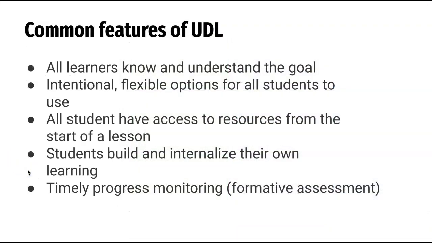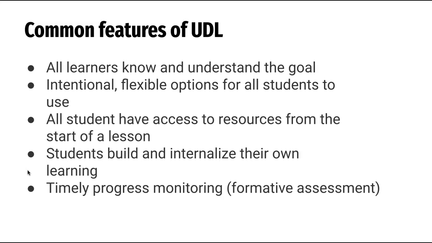So as we look at UDL guidelines, there are some common features that come out. All learners know and understand the goals, so they are aware of the learning outcomes, the learning goals of the course, and they understand them. There's intentional, flexible options for students to learn. So there's choice and flexibility in how they interact and perceive the learning.